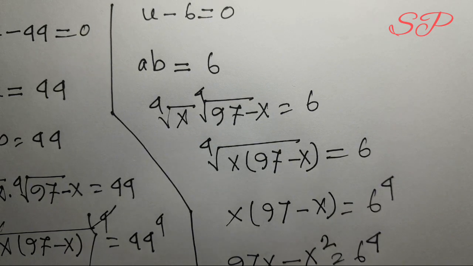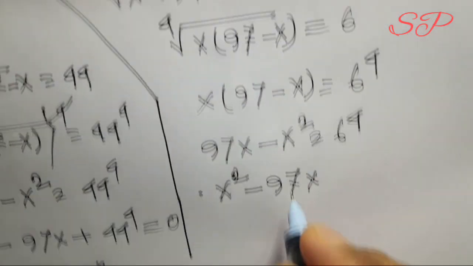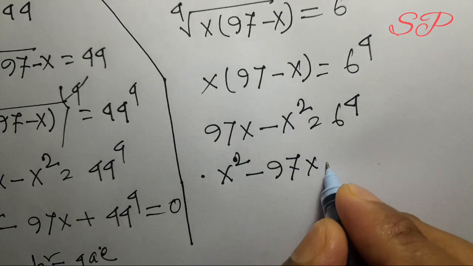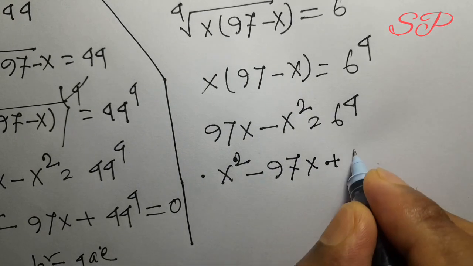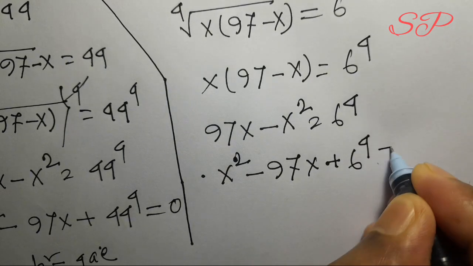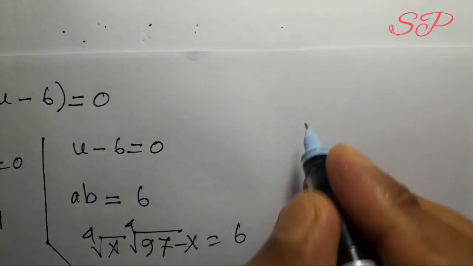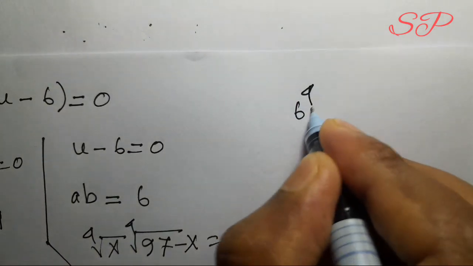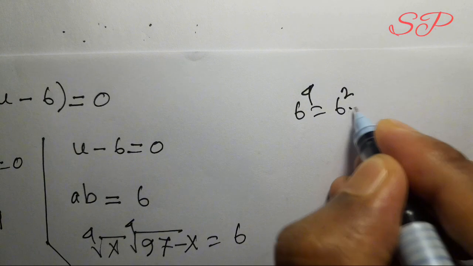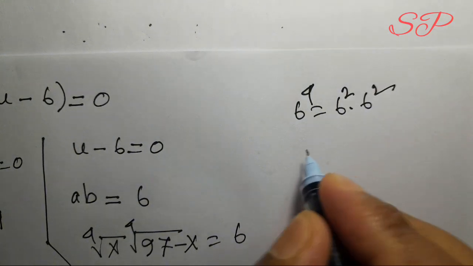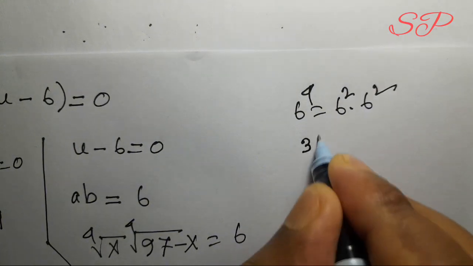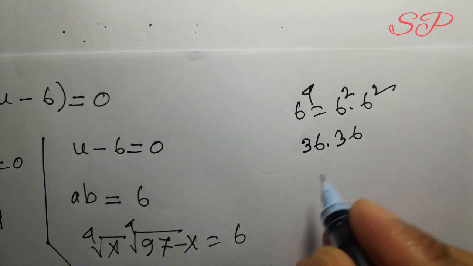Rearranging this equation, we can write x square minus 97x plus 6 to the power 4 is equal to 0. Now 6 power 4 is equal to 6 square times 6 square, which is 36 into 36.